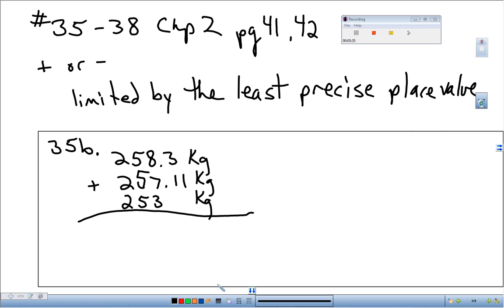If you throw this in your calculator and you get 768.41 kilograms, someone want to double check that on a calculator? All right, thank you. But now we need to round it.